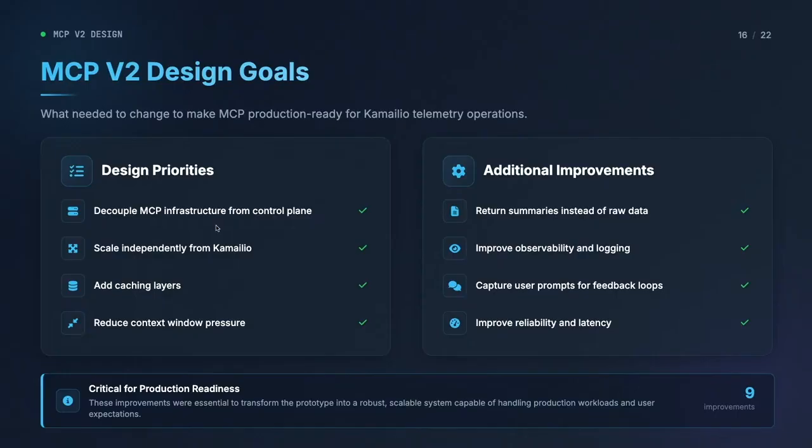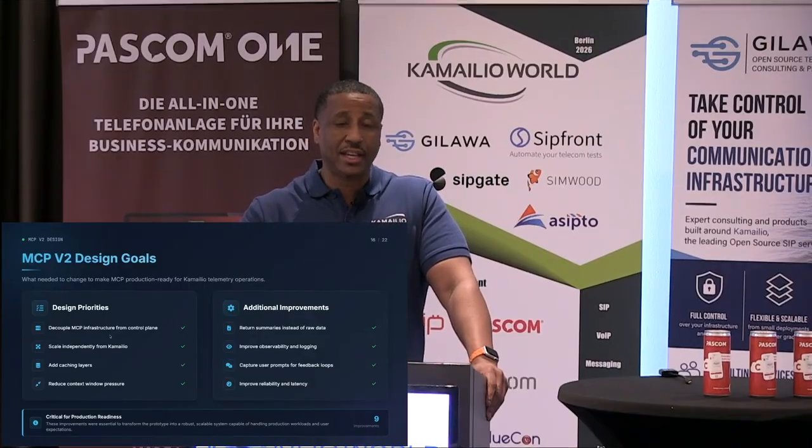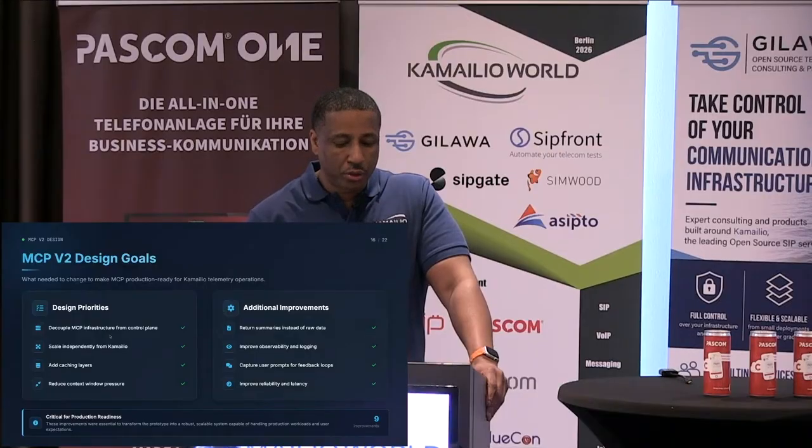Because we all remember the reason they want to do this is that they like the ability to ask questions and get information back in a fast, quick manner. And then we also wanted to reduce the context window pressure that we were having.